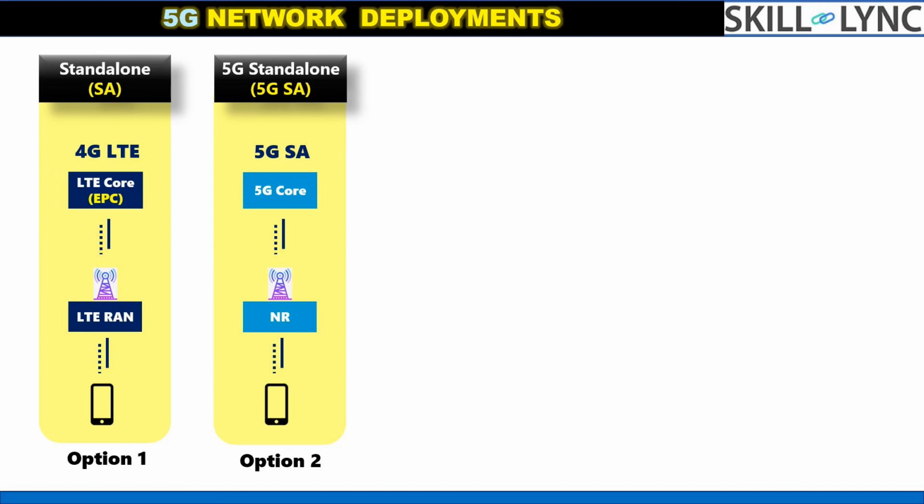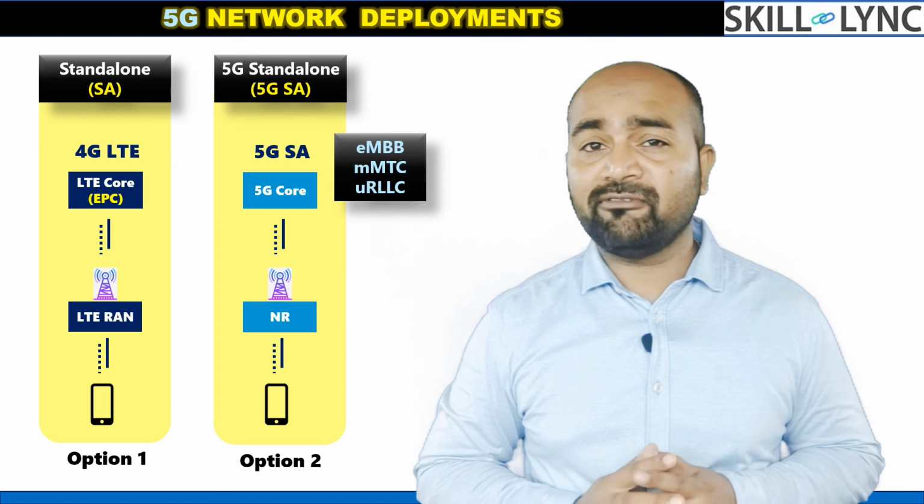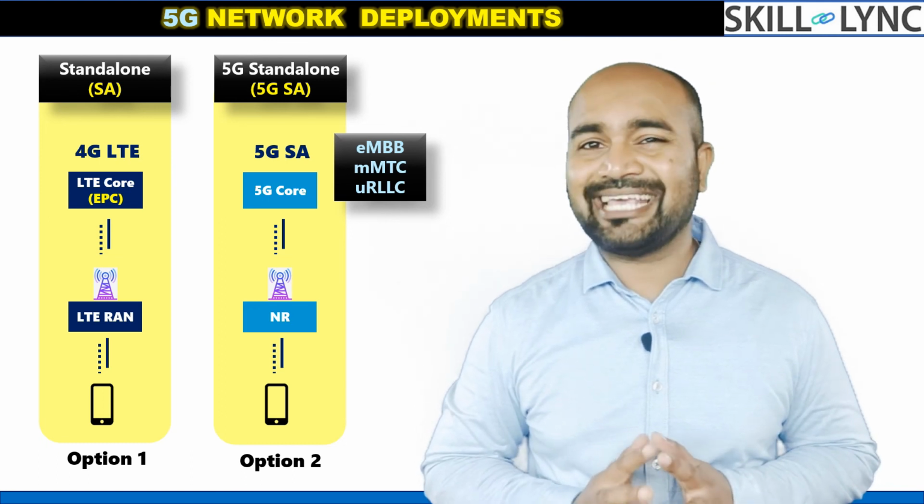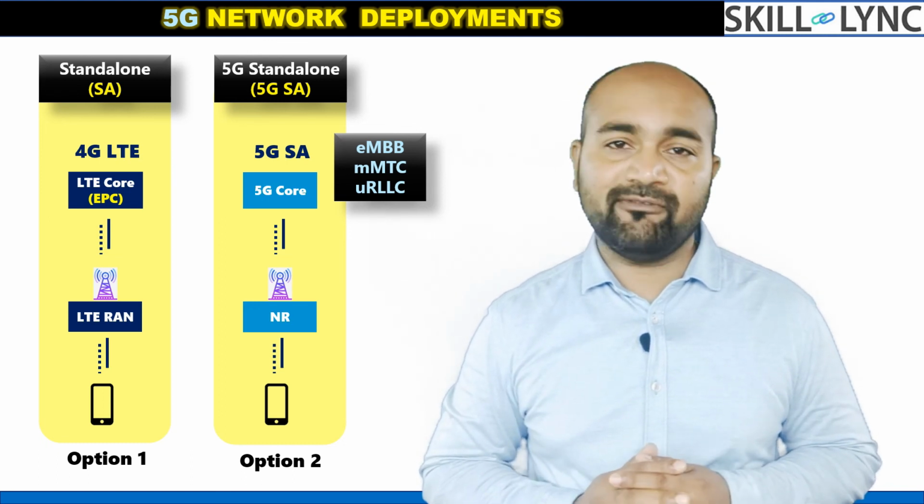This type of deployment also allows the operator to implement all types of use cases like mMTC, eMBB, and URLLC, provided it has the necessary spectrum allocated for each type of service. But deploying a full-fledged 5G infrastructure is expensive. That involves high investment.